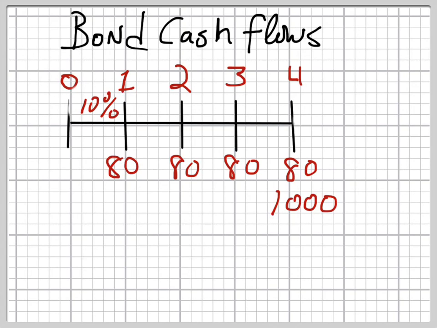This bond pays an 8% coupon. Since the time it was originally issued, rates on similar risk bonds have gone up to 10%. So we know automatically that this bond will be selling at a discount. In other words, its current market price or its current market value should be something less than $1,000. And that is what we will try to establish as we look for the bond value today.